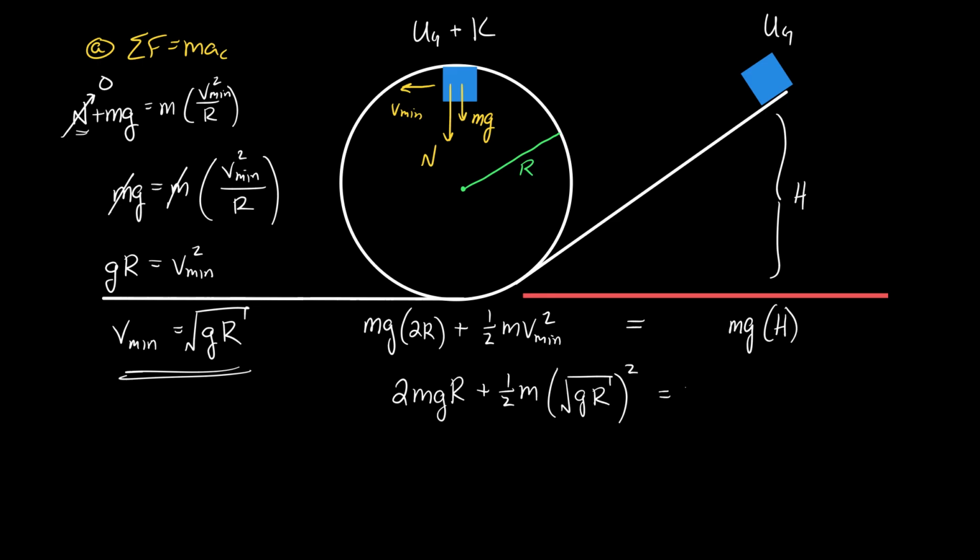And that has to equal mgh. So 2 mgr plus, I'm going to square the gr there and get 1/2 mgr equals mgh.